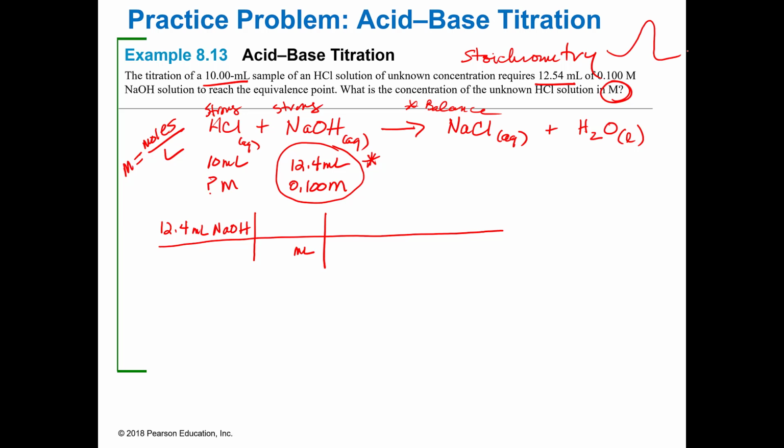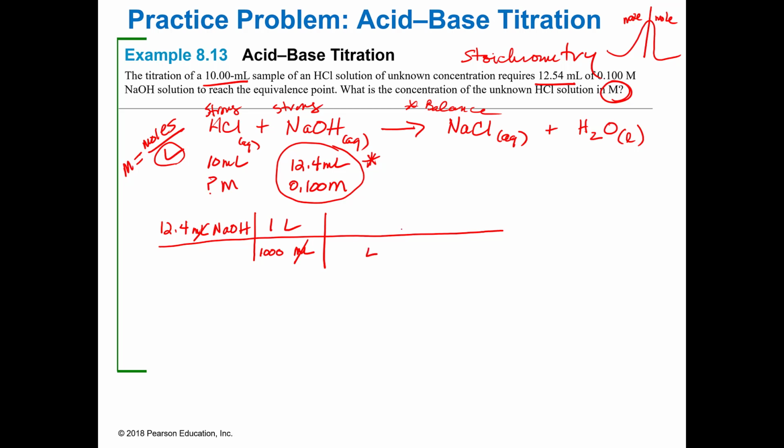Once I find out how many moles of one thing I have, then I can change it to moles of the other. So I got milliliters here. Molarity is moles over liters, so I need to change that to liters. I know that there are 1,000 milliliters in 1 liter, and that got rid of milliliters.